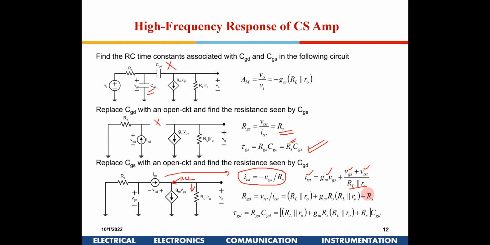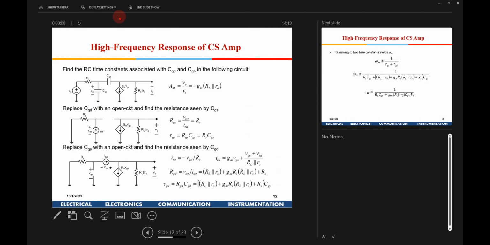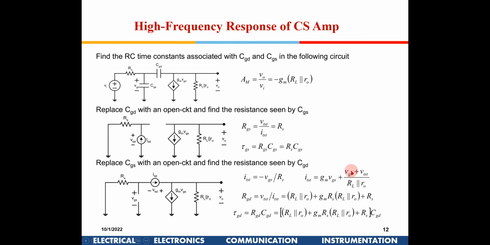Yes, yes. Okay. Now here there is an I test here, VGS here. Yes, tell me. Sir, can you increase the cursor? How this current? Okay, so thank you. So now this is VGS plus, and this is R0.